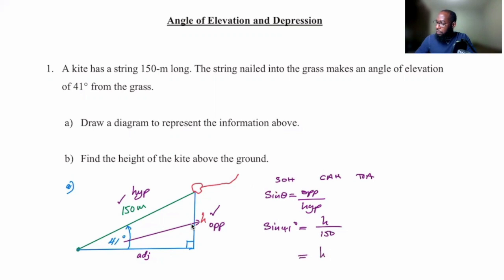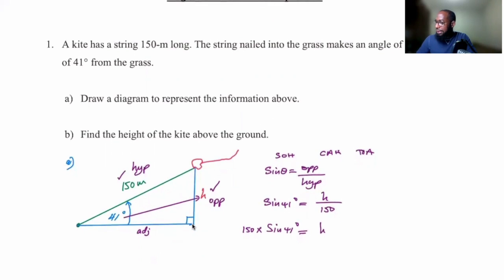So h is equal to 150 multiplied by sine 41 degrees. If you're wondering how I got that, I multiply both sides by 150. This will cancel out with that.